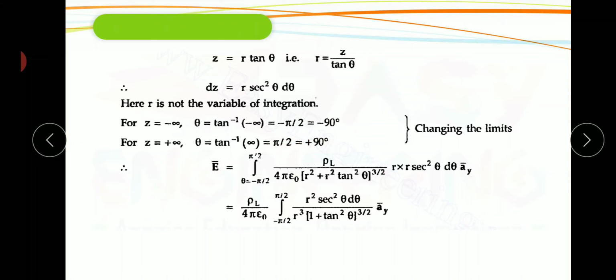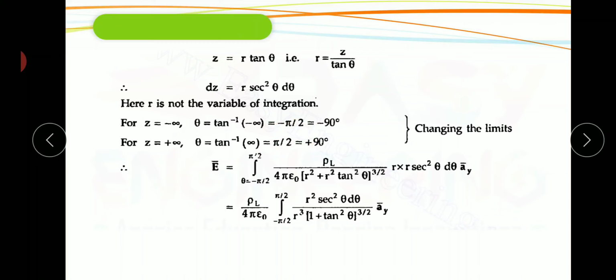That means we have to change the values from z to theta. So the limits of z, minus infinity to plus infinity, are changed in terms of theta to minus pi by 2 to pi by 2.